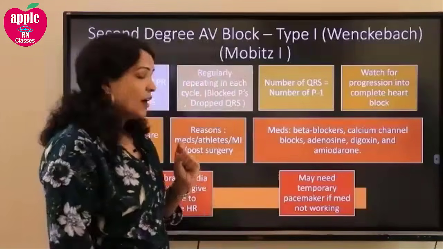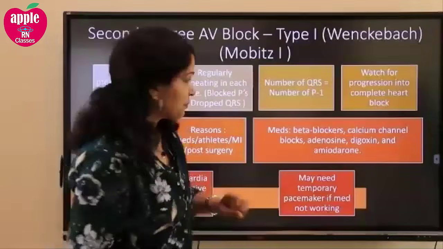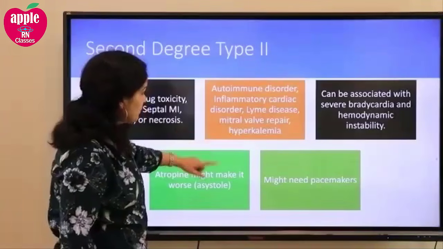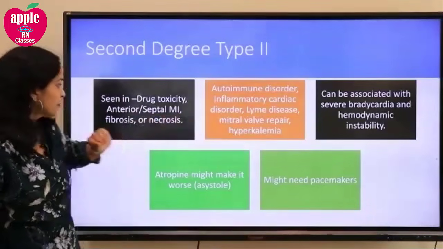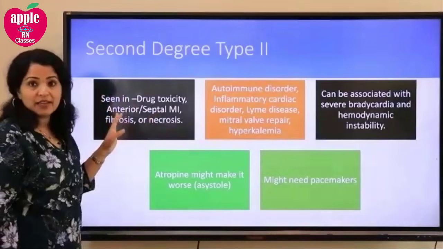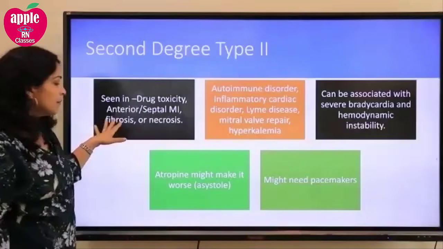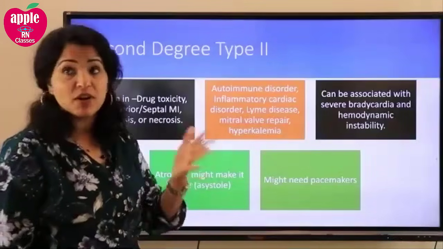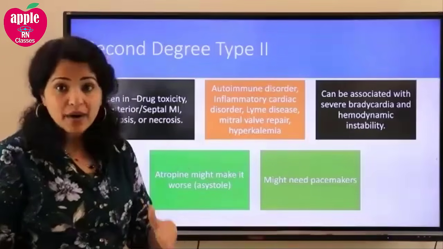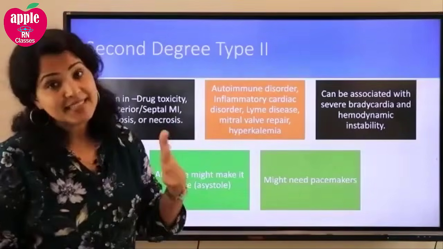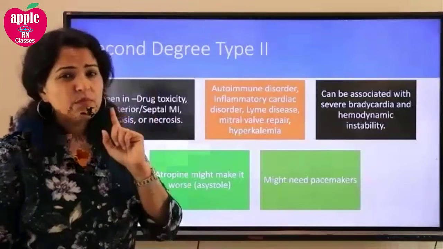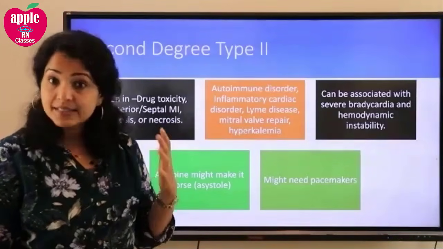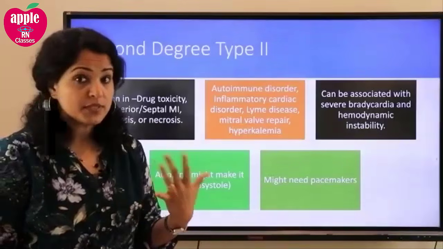Okay. Now, I want you to remember the reasons though for type 2, and that is these ones. Okay. Mainly, like everything which we talked about in our first degree and second degree type 1, those medications, MI, surgery, all those things can affect, but there are some new things which might cause the type 2 problem, which is a more serious problem.